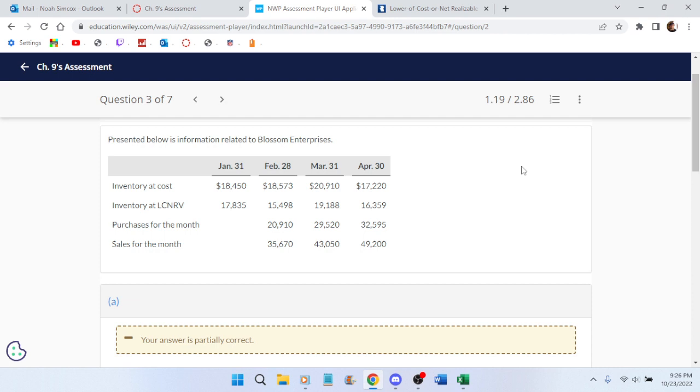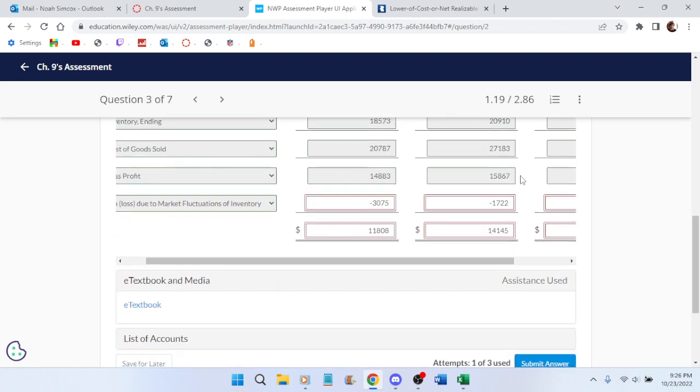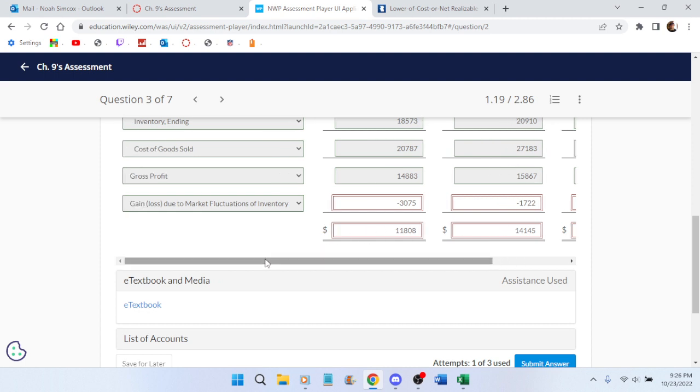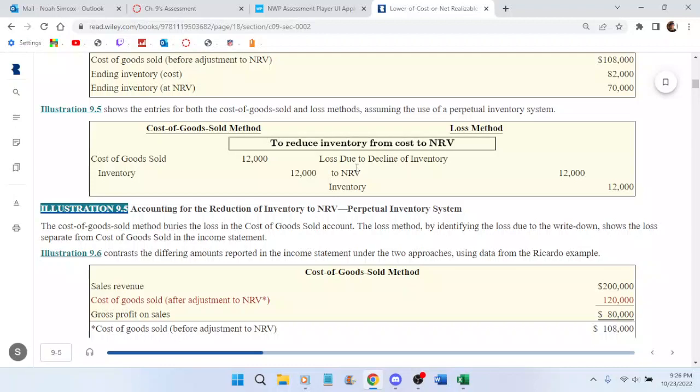I'm running out of time, so I might have to give up. Dang it. According to this thing, if it goes down, it's a loss.